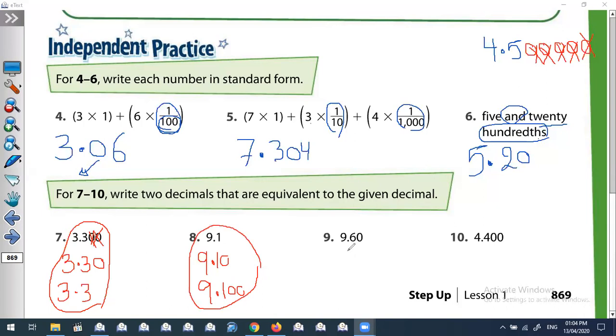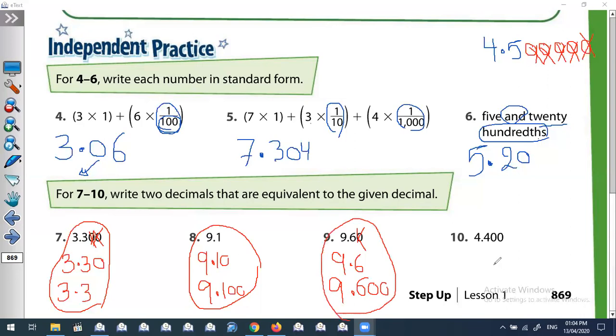Here 9.60. I can cancel 1 zero, no problem. So it will be 9.6. And also we can add another 0 here. So instead of 60, it will be 600. So the 3 numbers are equal.